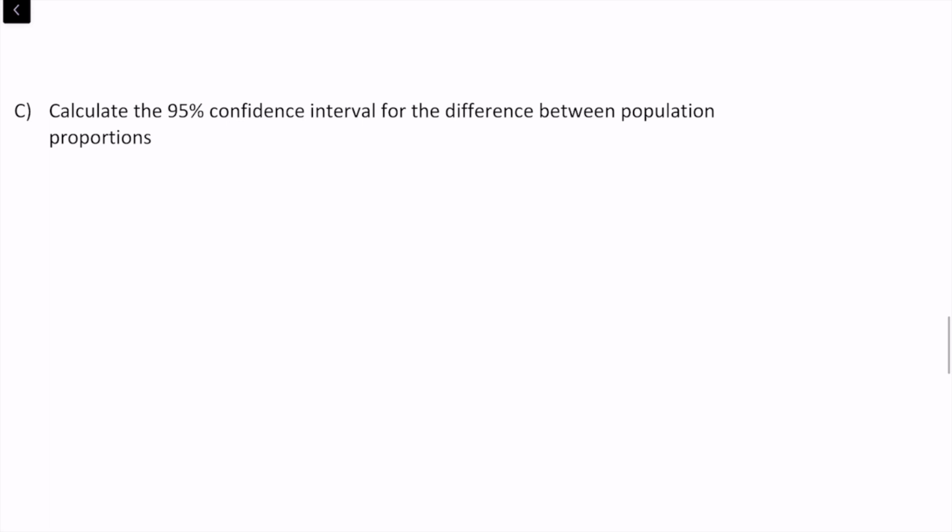Calculate the 95% confidence interval for the difference between the population proportions. So I'm just going to rewrite the confidence interval formula here for you guys.